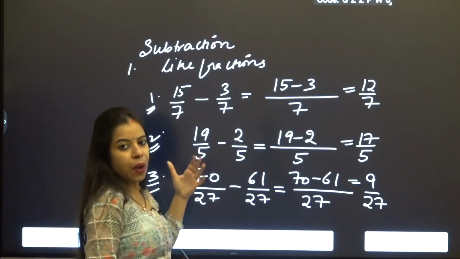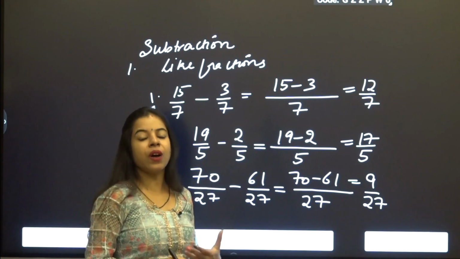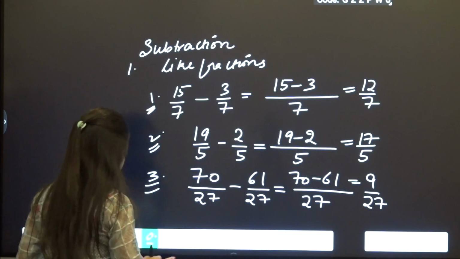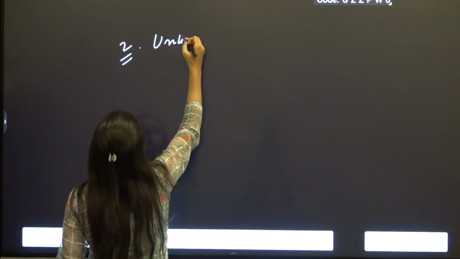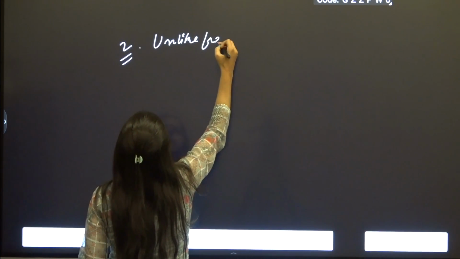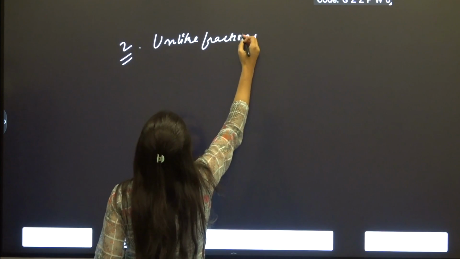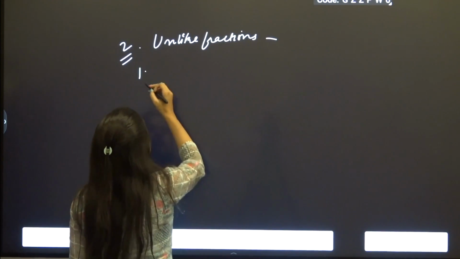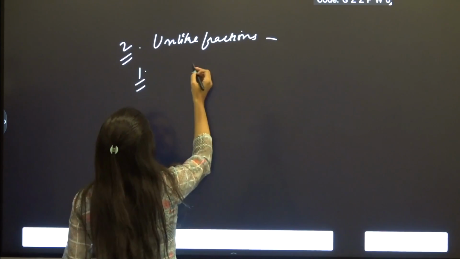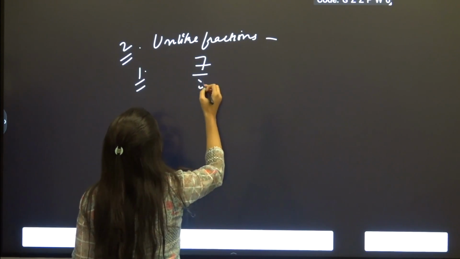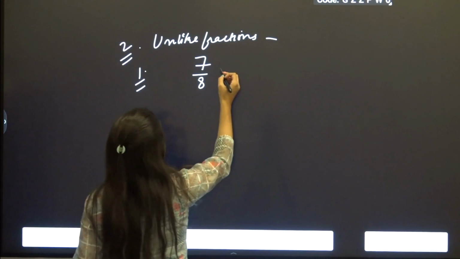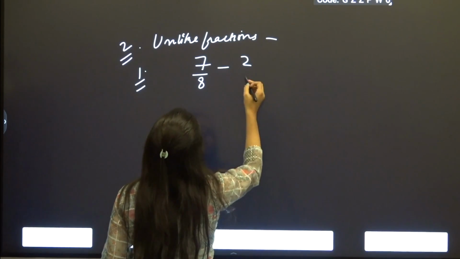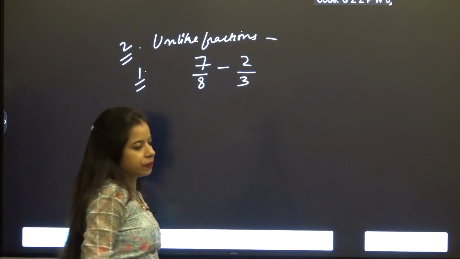Let us see what will happen in the case of unlike fractions. So in the case of unlike fractions, let's say we have 7 by 8 minus 2 by 3.